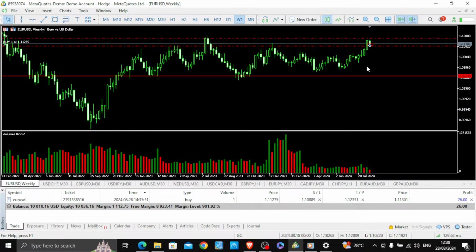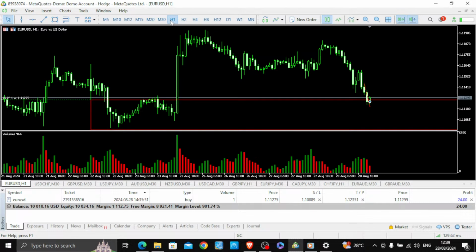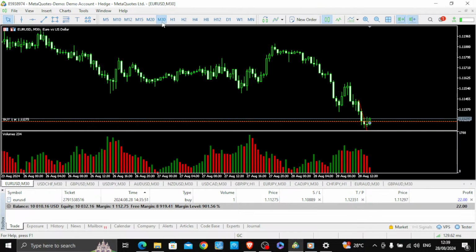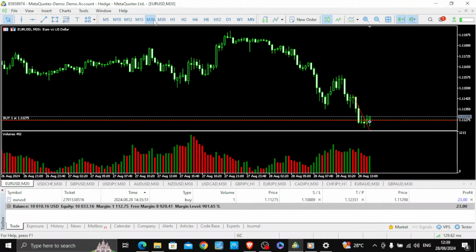So that's all. If the market goes in my favor and moves considerably in my favor, I will lock it to break even, and I will shift my stop loss to break even.